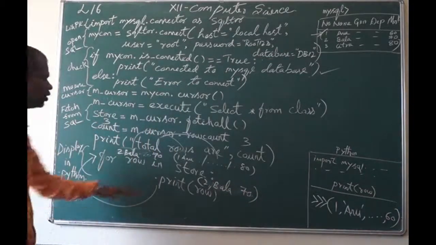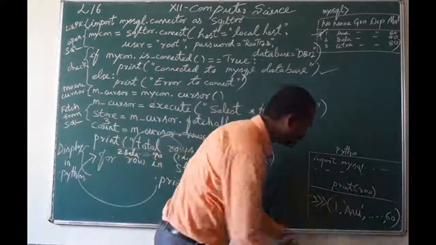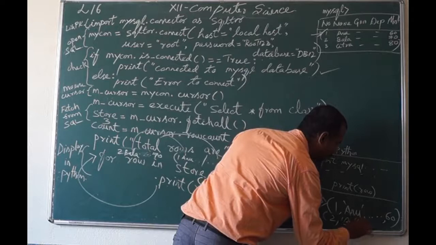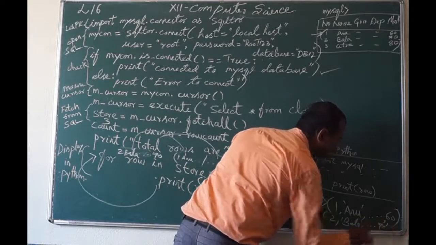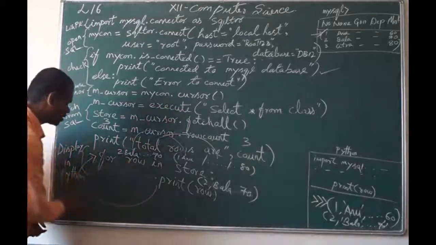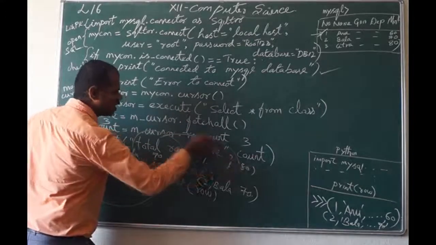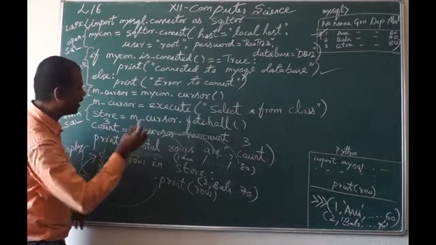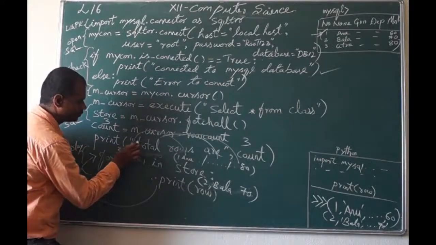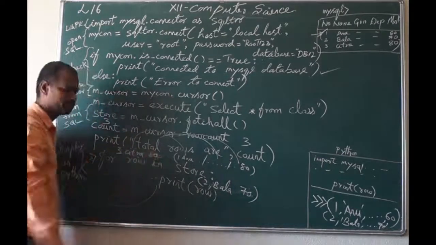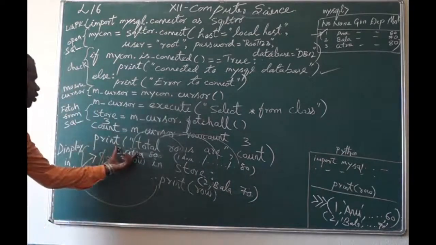Okay, so this line will be printed here in the next line. 2 Bala 70 will be printed. Okay, then it will come here. It will access the third row. Okay, what is the third row? 3 Chitra 80.